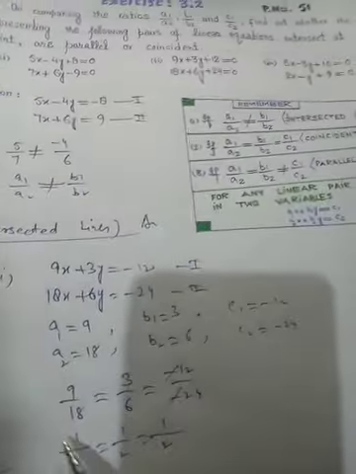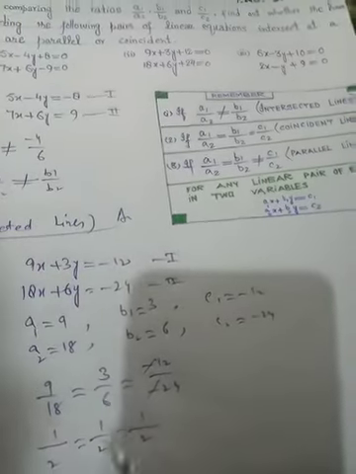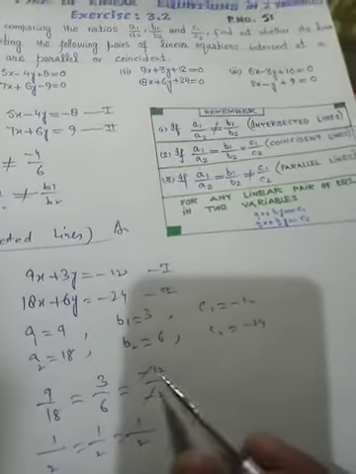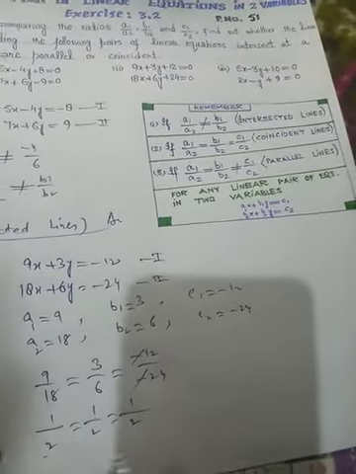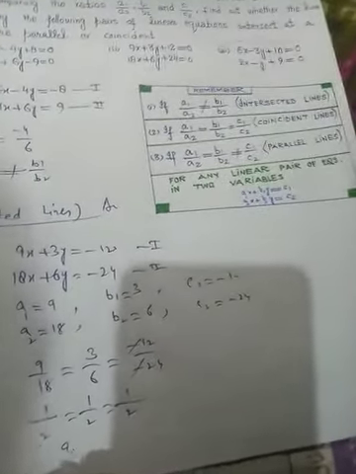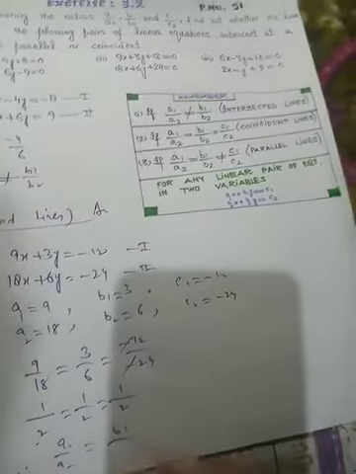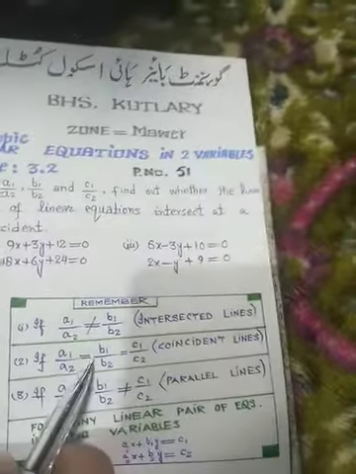We see that a1 by a2 is 1 by 2, b1 by b2 is again 1 by 2, and c1 by c2 is also 1 by 2. So a1 by a2 is equal to b1 by b2 is equal to c1 by c2. In this situation the lines are coincident lines.